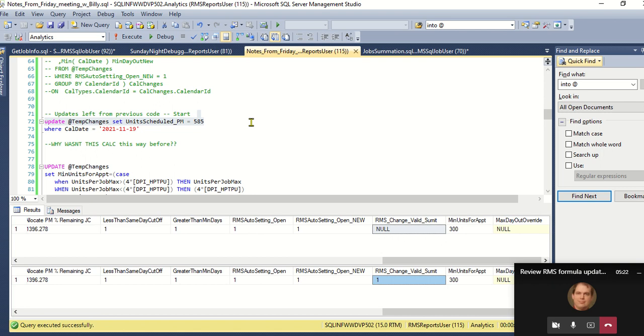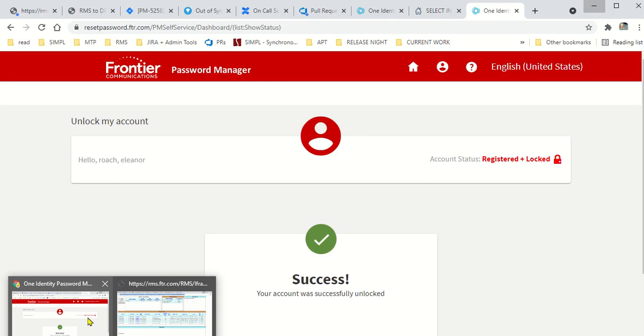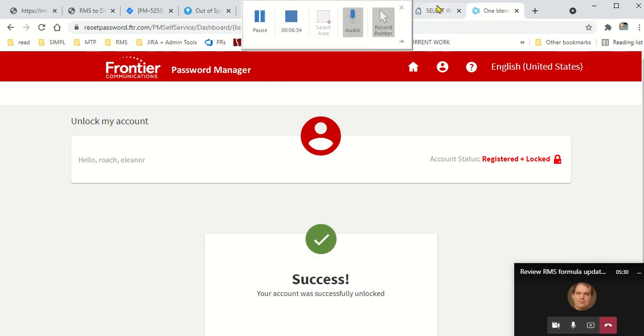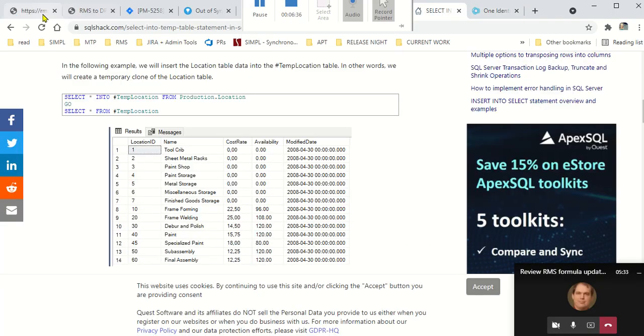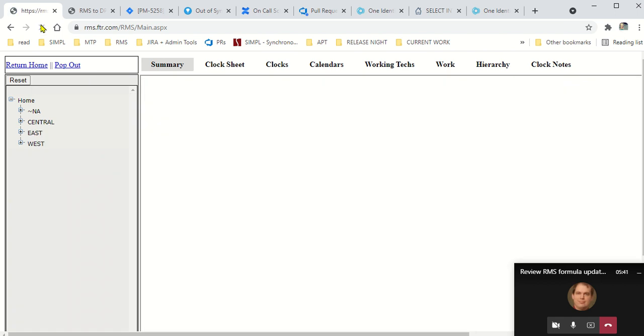So maybe let me try to walk through the UI and make sure I really understand what's going on here. So I was looking at this on the 19th. I'll refresh this just in case it's changed.